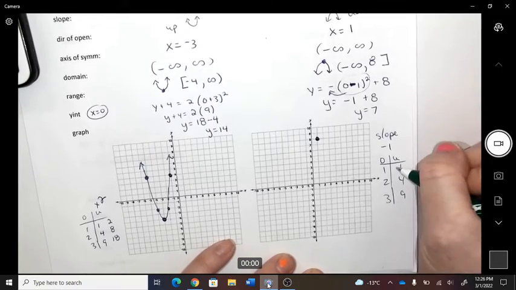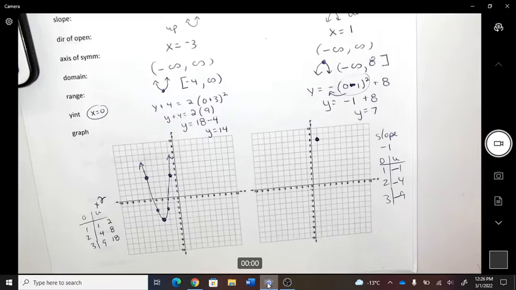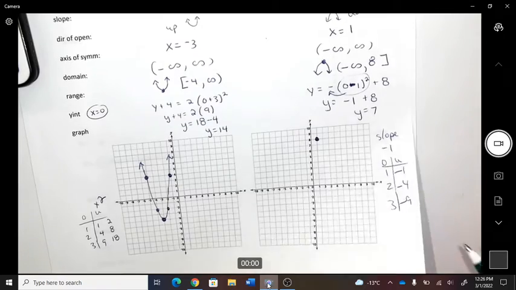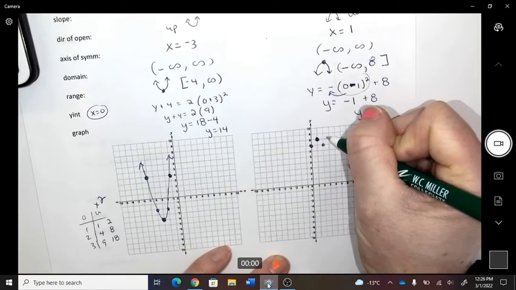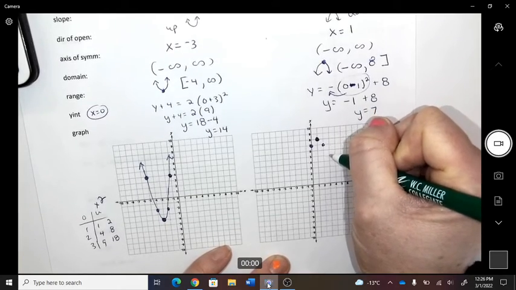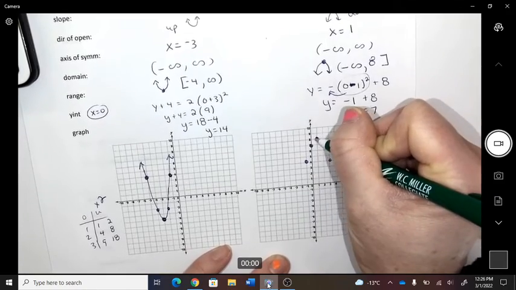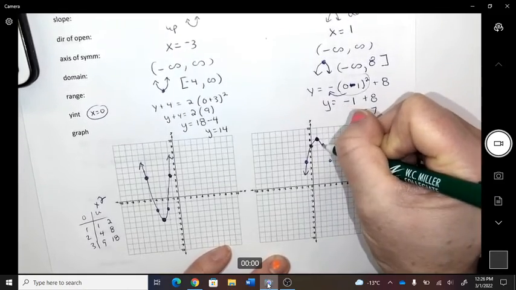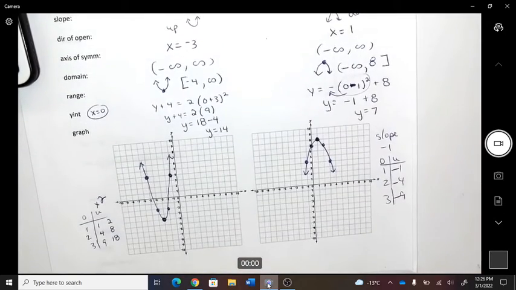So all we're going to do is, instead of the 1, 4, 9, we're going to do that in a negative. So over 1, down 1. Okay, and then it connected with my Y-intercept, so that was good.